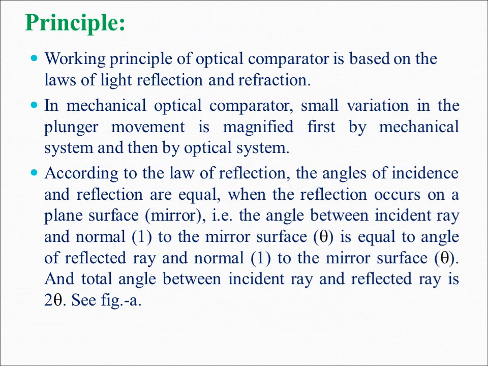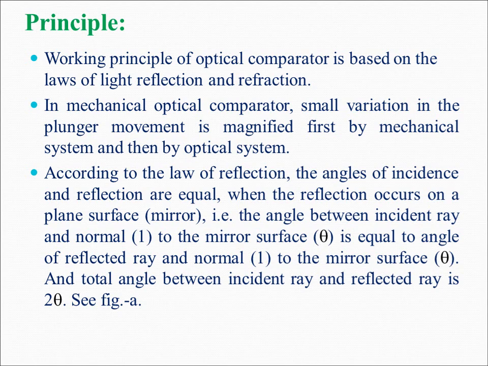Basic principle of mechanical optical comparator. The working principle of an optical comparator is based on the laws of light reflection and refraction. We know that the laws of light reflection and refraction fall in the principles of optics.